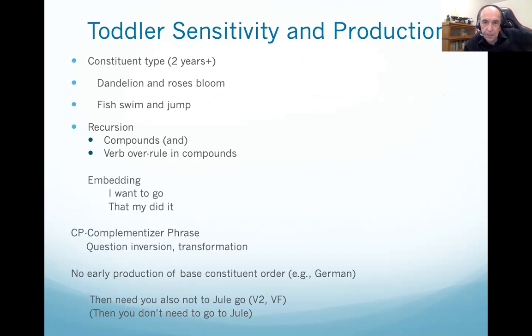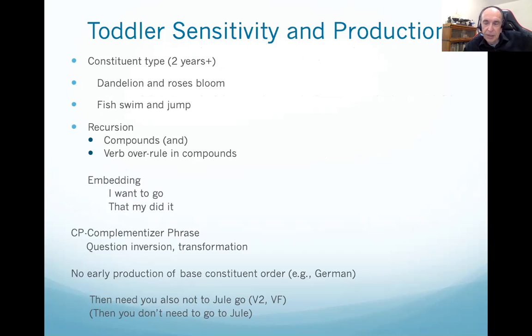In German, you would expect maybe that prior to learning how a particular language handles noun phrase, subject, verb, complement order: noun phrase, subject, verb phrase, predicate with verb and complement.